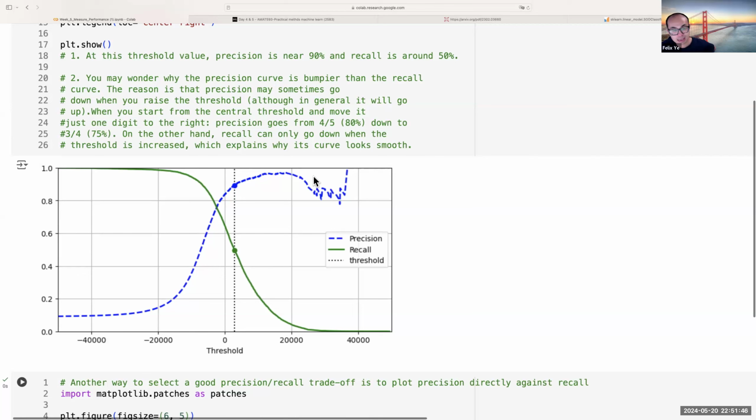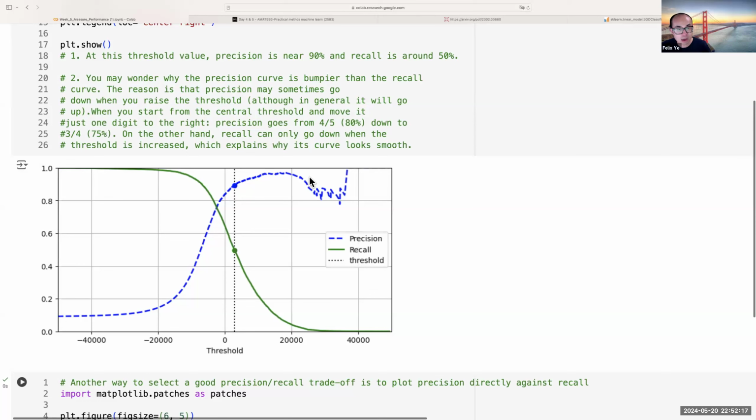But at that high level of precision, you will find my recall is extremely small, so it doesn't make any sense to choose such a high precision. On the other hand, if we choose very high recall, our precision will be super small as well. This is called the precision recall trade-off.